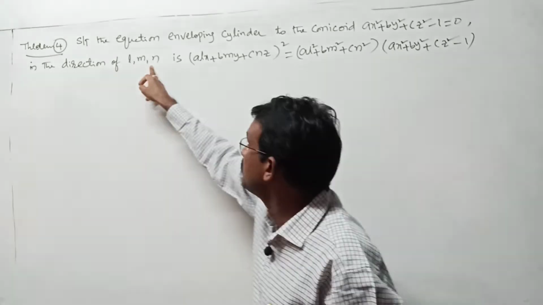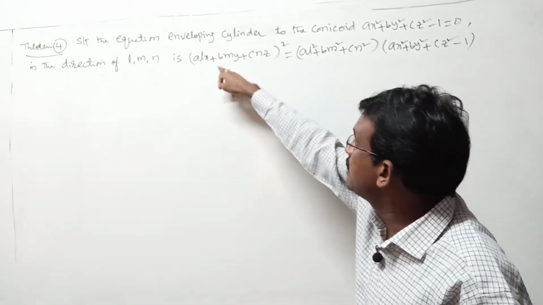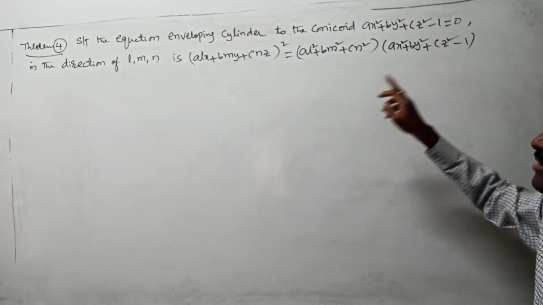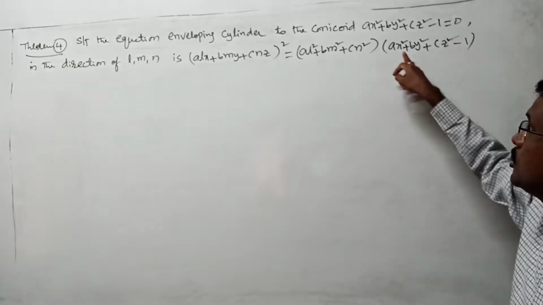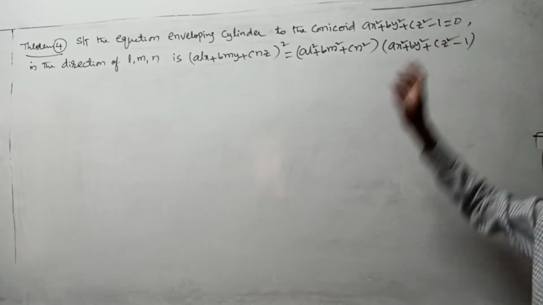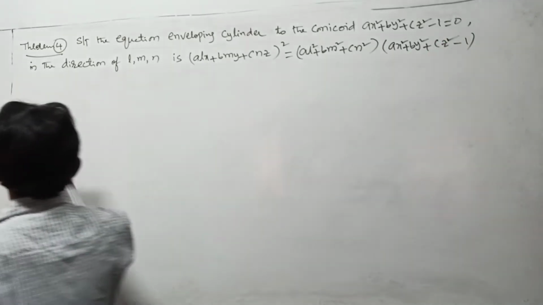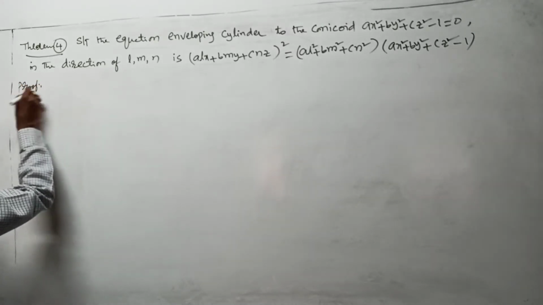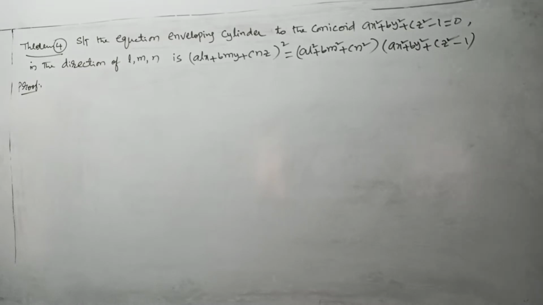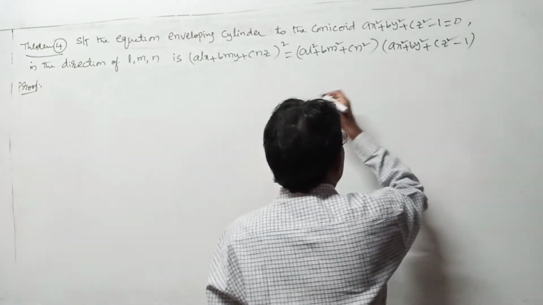The enveloping cylinder equation is (alx plus bmy plus cnz) whole square equal to (al square plus bm square plus cn square) into (ax square plus by square plus cz square minus 1). First I want to plot a diagram, after that we can proceed with the procedure.